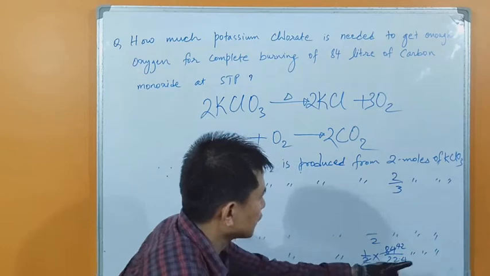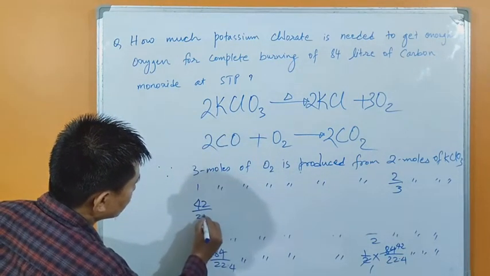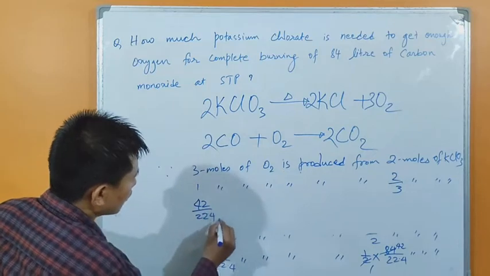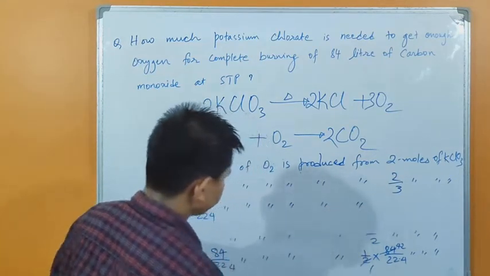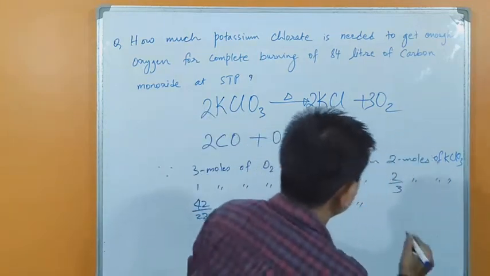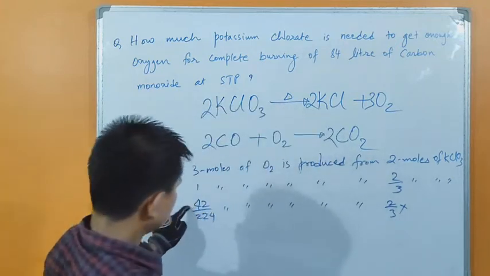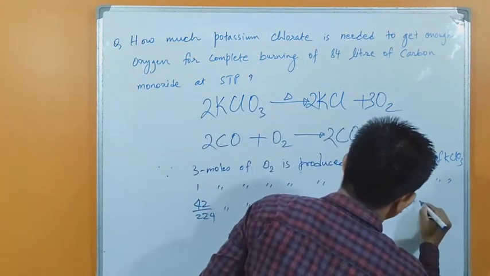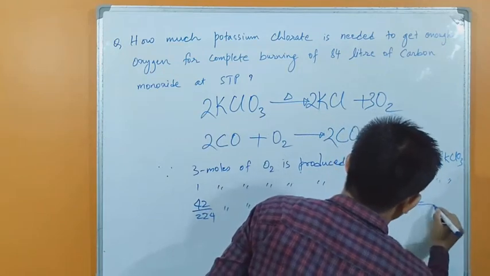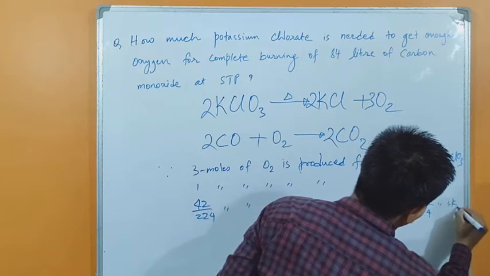So 42 upon 22.4 moles of O2 is produced from 2 by 3 into this 42 upon 22.4 moles of KClO3.